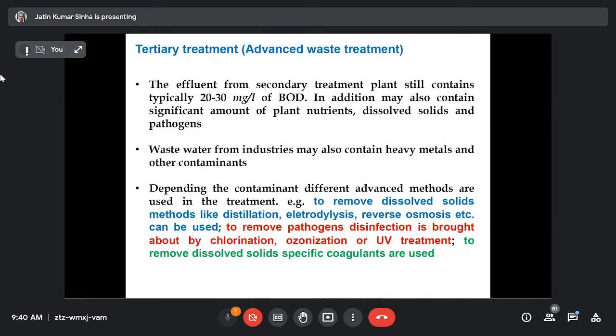Because if you cannot control the amount of chlorine, again it's going to give you a problem. An excess amount of chlorine is also not good for health, and it also gives a very bad taste to the water. So chlorination at the final stage of treatment is very rare. It's not normally used at the end, but mostly at the very beginning of the process to kill the pathogens.